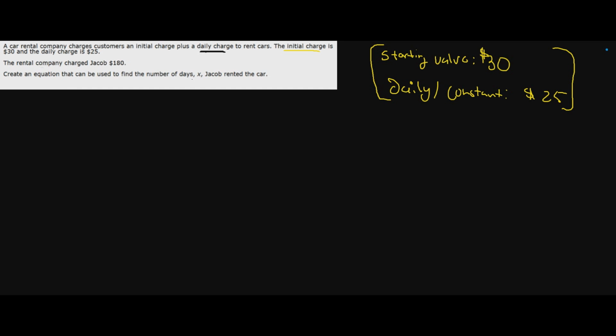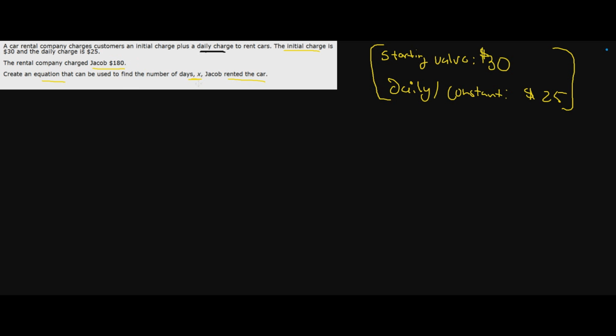So it turns out the rental company charged Jacob $180. Create an equation that can be used to find the number of days x Jacob rented the car. So first of all, we want to create an equation, and second of all, we want to determine how many days Jacob had to rent the company car for them to charge him $180.